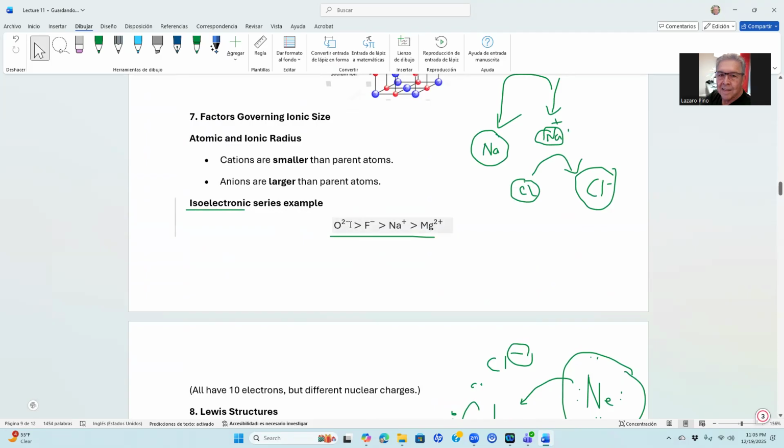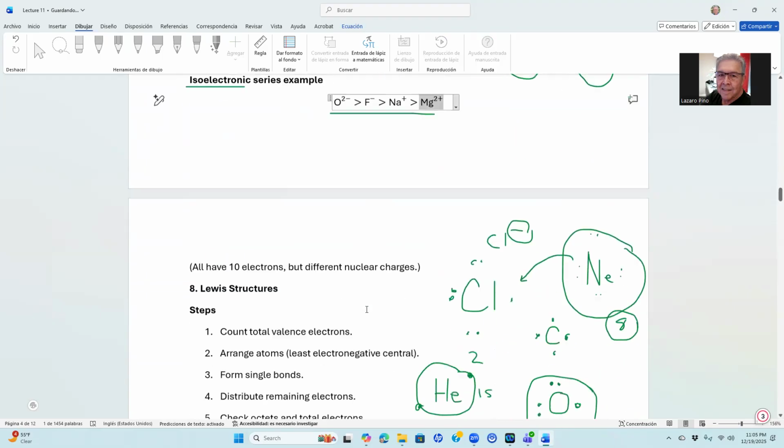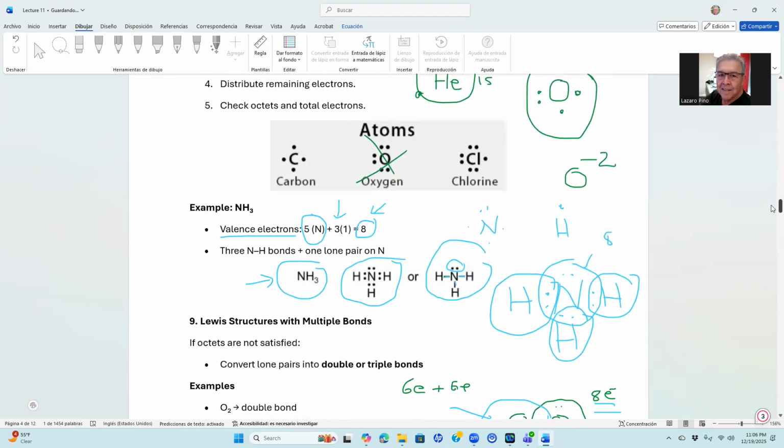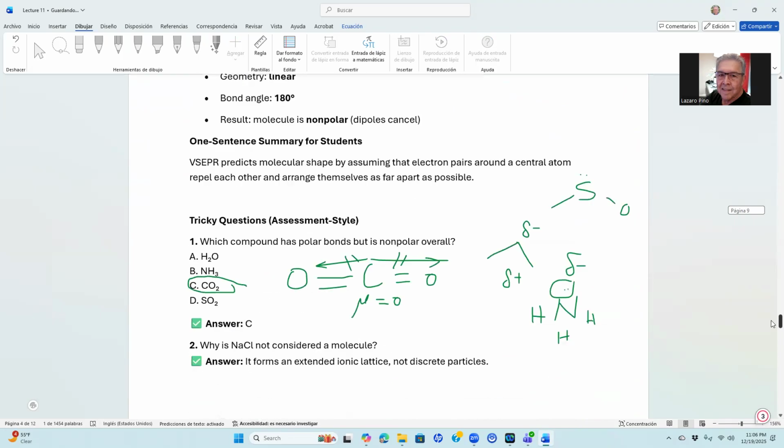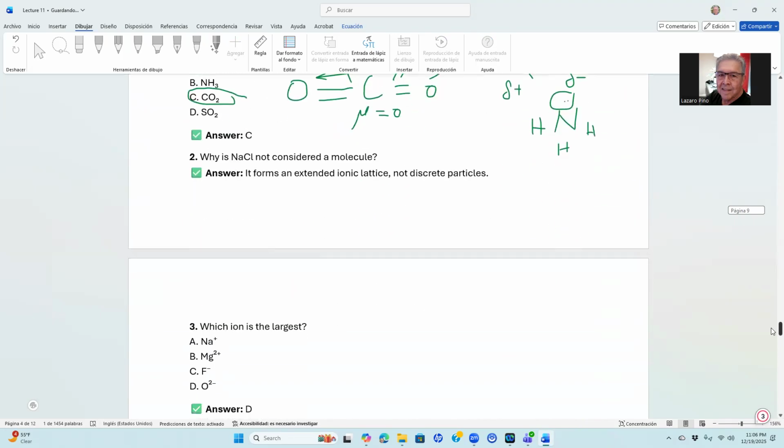The largest one, the biggest one is oxygen, and magnesium is the smallest one. So we can go down again and answer this question. Which one is the largest? Oxygen. Remember, the anions gain electrons, then the radius is largest. They are bigger.